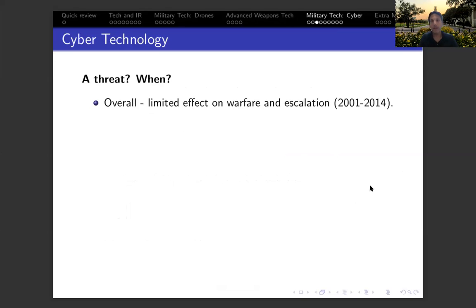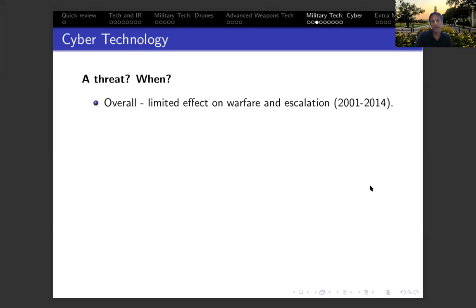Some of the recent studies tested the use of cyber technology in conflicts from the early 2000s all the way to 2014, show very limited use, mostly in low conflict and low intensity actions. And mostly those kinds of applications of cyber technology did not lead to escalation.